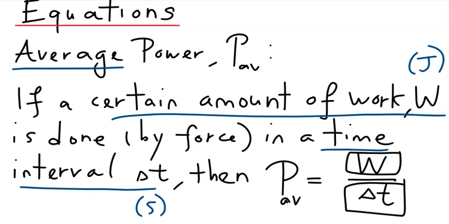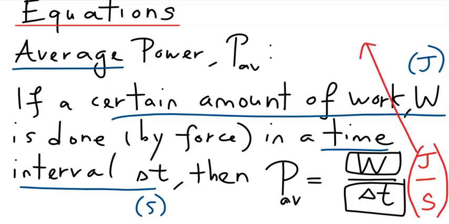So here you can clearly see, since work is quantified in the unit of joules and time interval is quantified in the unit of seconds, power is computed in the unit of joules per second, or, as we explained a few minutes ago, watts.